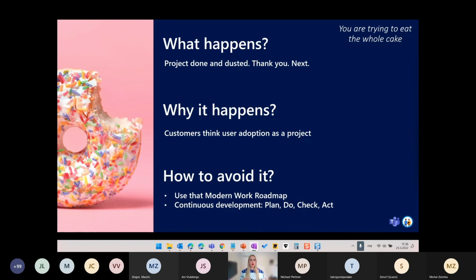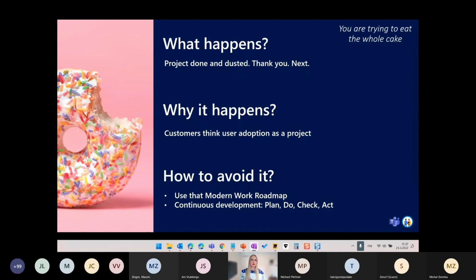And the thing is that we have talked about this modern work roadmap, or how you should plan the user adoption long way ahead. And usually what happens is that we have these technical trainings, we have maybe some champions network even, but then we run out of resources, we run out of time, we run out of money.